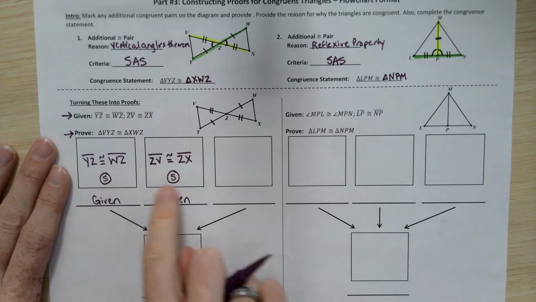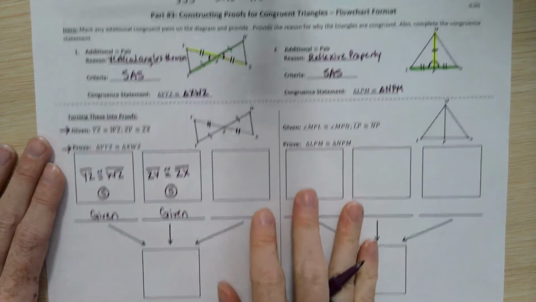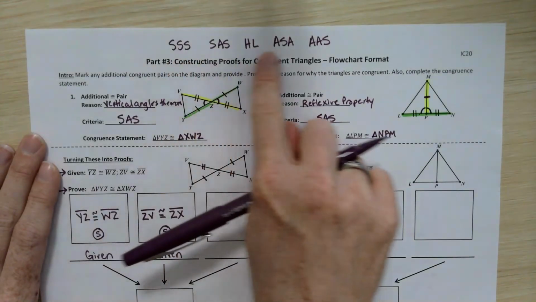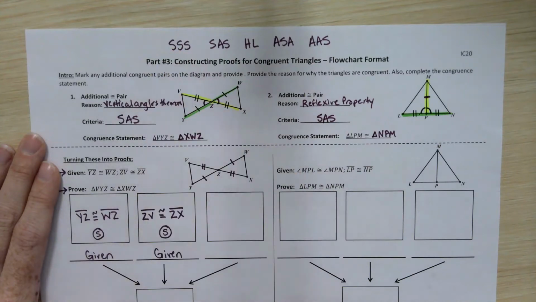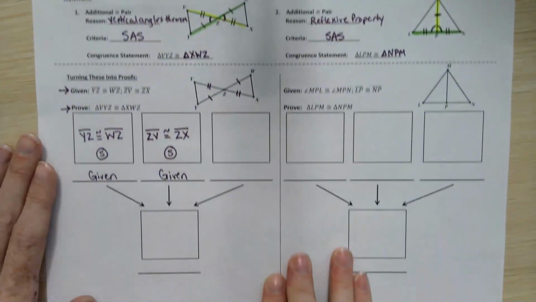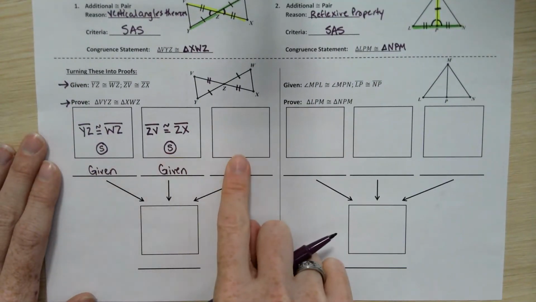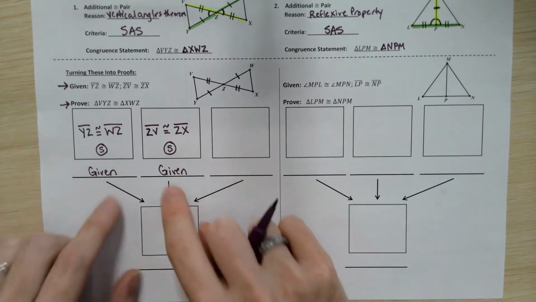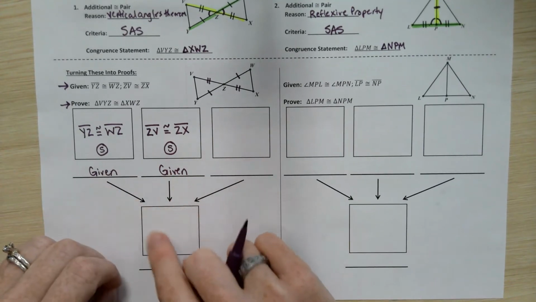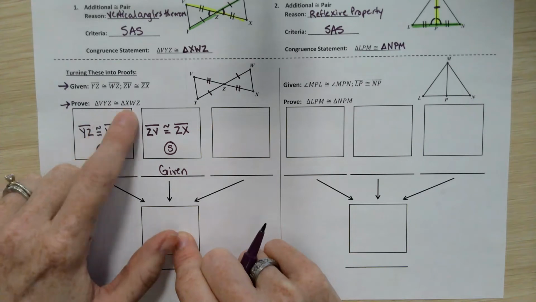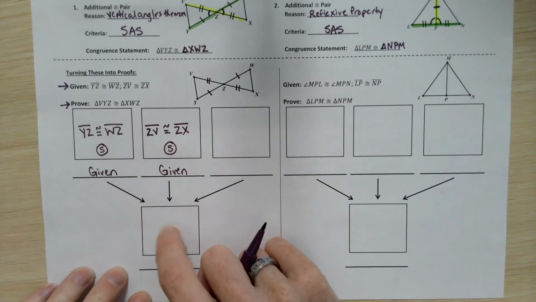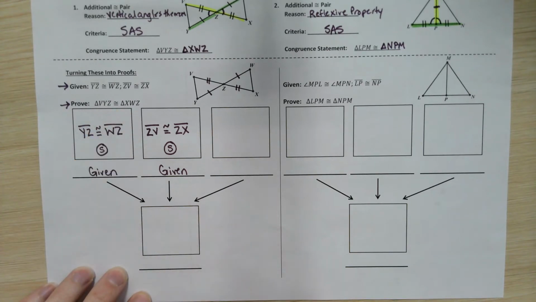And so that kind of indicates to me that we're not quite ready to use one of our 3 or 5 triangle criteria because we don't have the 3 pieces that we need. So although these two combine together and they tell us a little bit about these 2 triangles, they don't tell us enough yet for them to be congruent triangles.